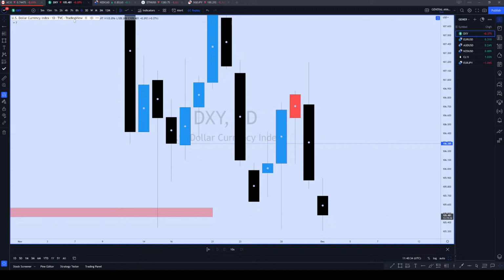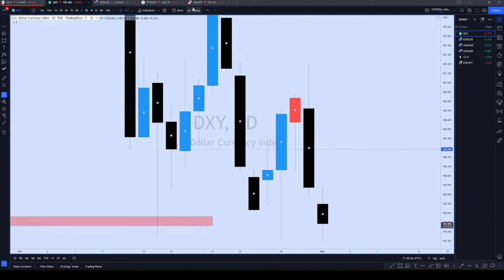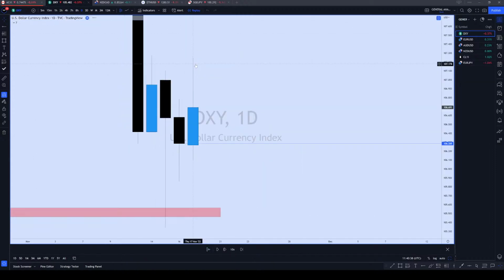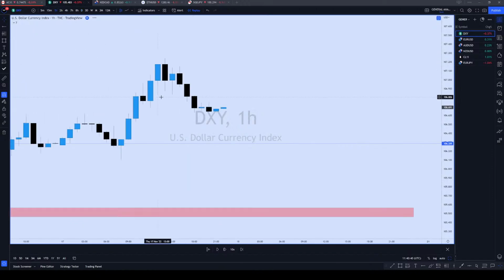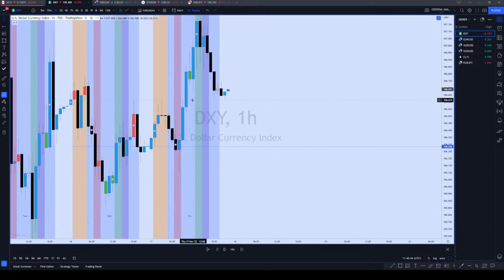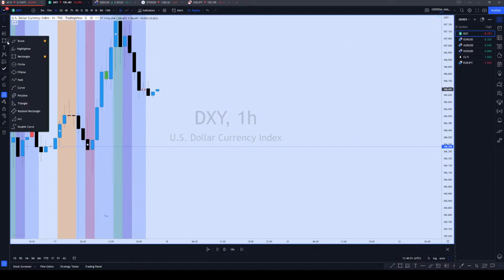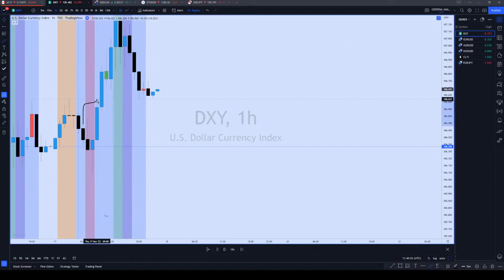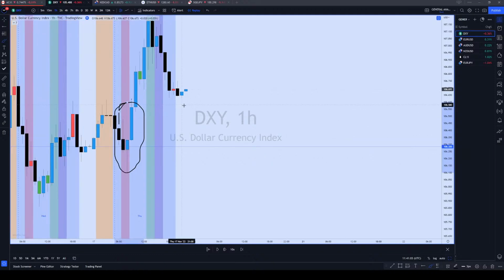And I'm going to drop down to the 1 hour time frame. Okay, so this would be the closing price and this would be Thursday. If you see this right here above, what would that give you?